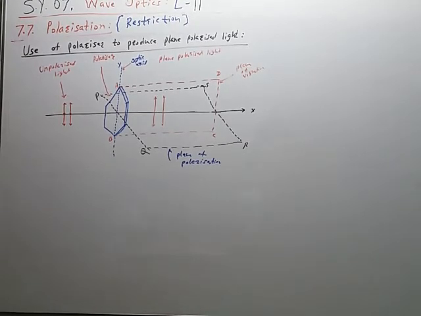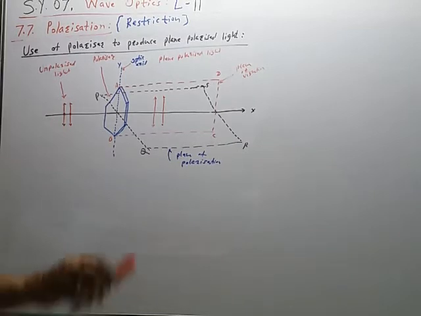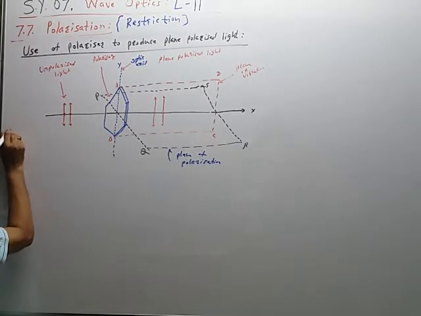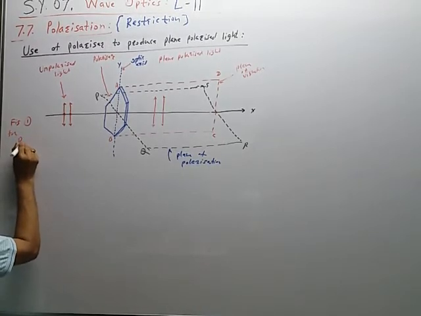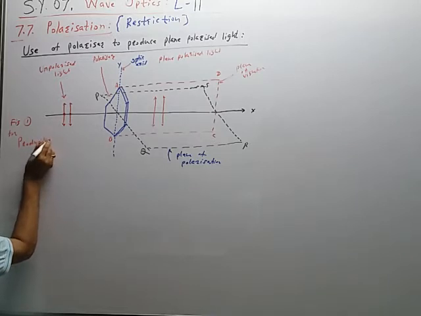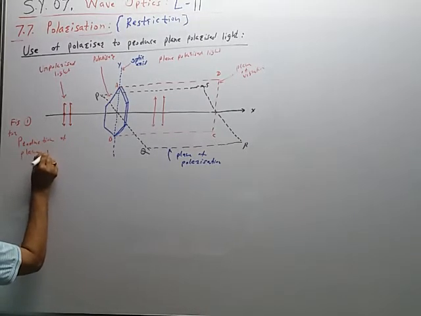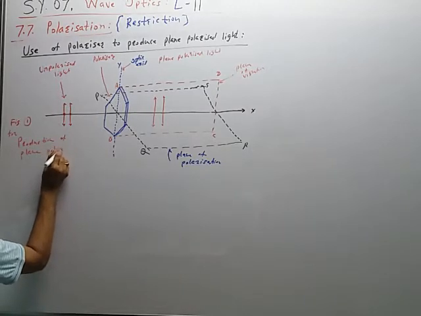So this figure shows the production of plane polarized light. Figure 1 for production of plane polarized light.